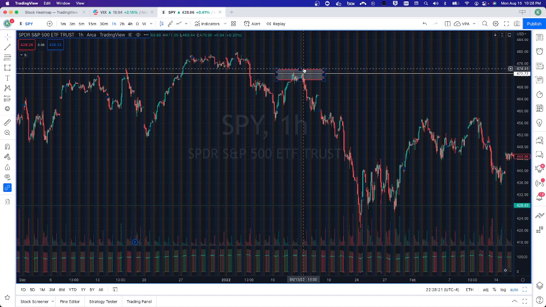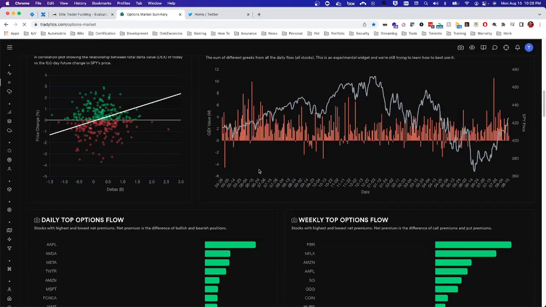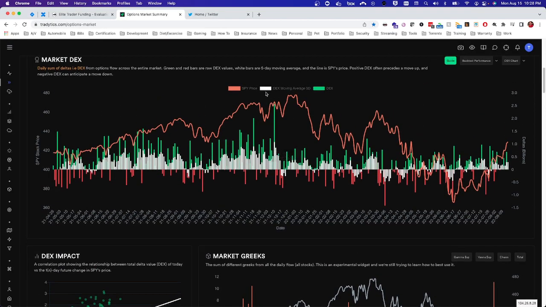So here we could be thinking, okay, if delta exposure goes red, I'm going to enter puts. Now, let me refresh this just to get back to where we were, and then I'll turn off the moving averages. This is just some basic market structure concepts of higher lows and lower highs. So it was right around here on this point in SPY's chart.